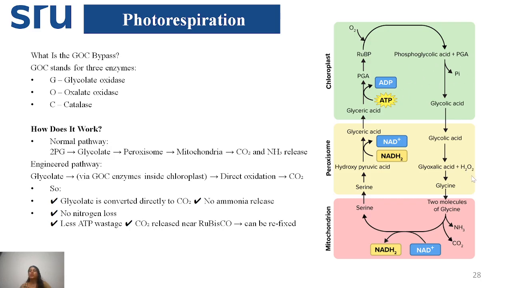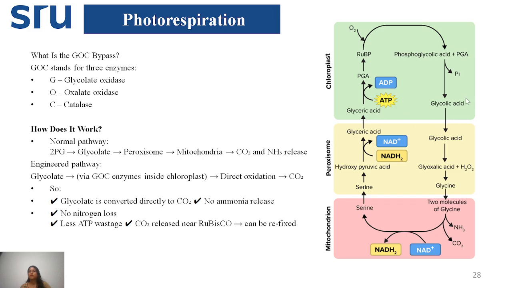H2O2 acts as a reactive oxygen species. Reactive oxygen means it lacks one electron. These are highly reactive. They need electrons to neutralize. So this reactive oxygen species is neutralized by antioxidants. Catalase acts as an antioxidant. That's why this one is neutralized by the catalase. After that, oxalate oxidase is there.